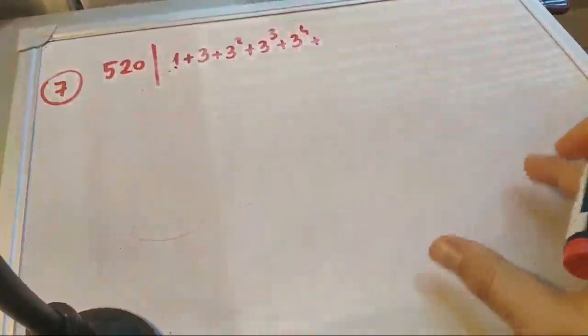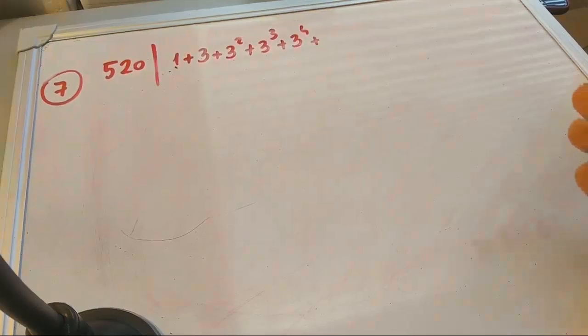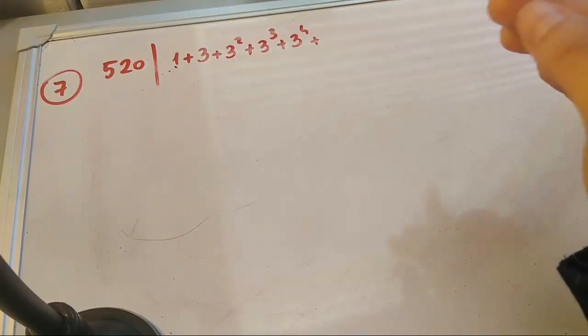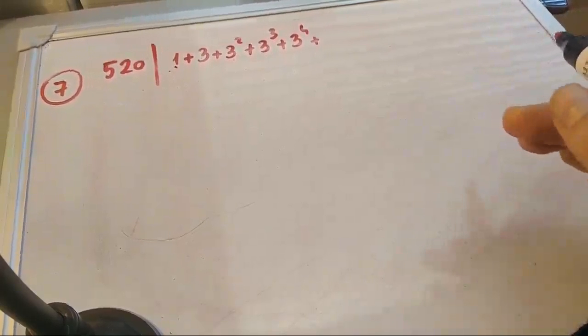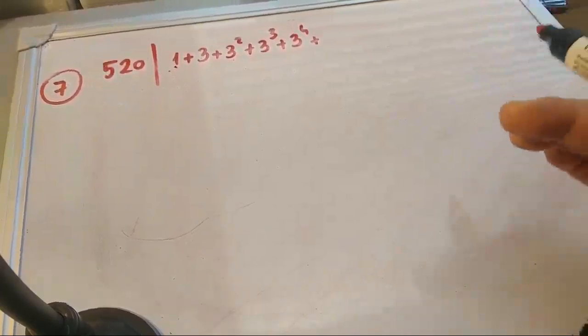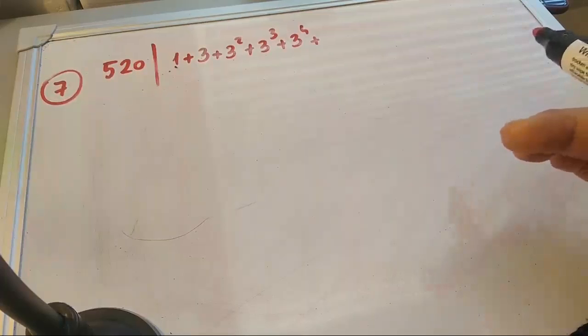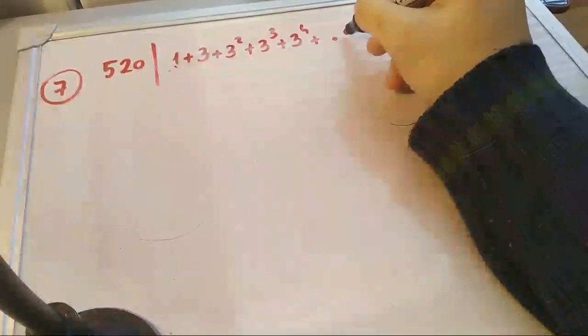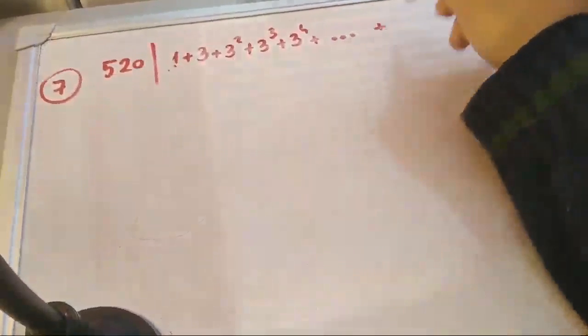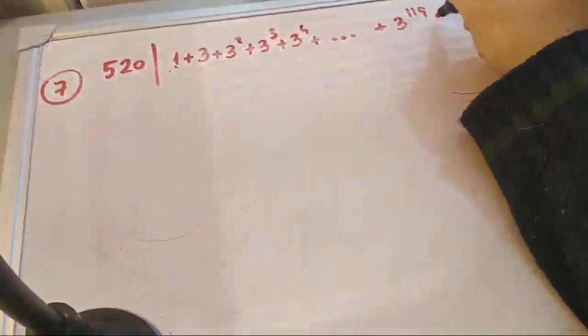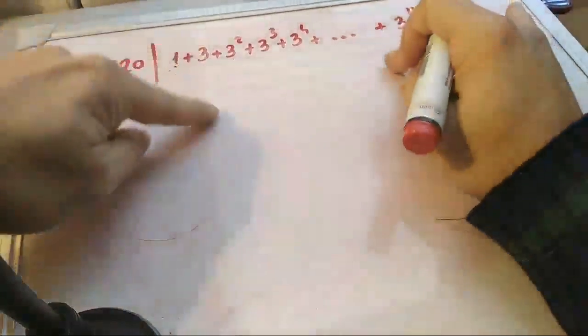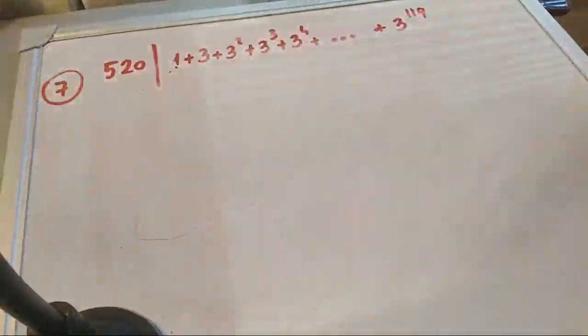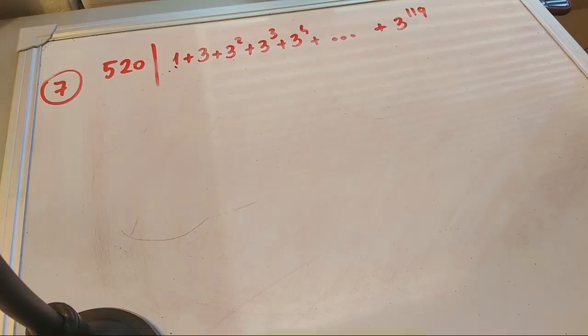So what can I do for that? Tell me. Okay, thank you very much. Plus 3 to the power of 119. This number is divisible by 520. Prove it.